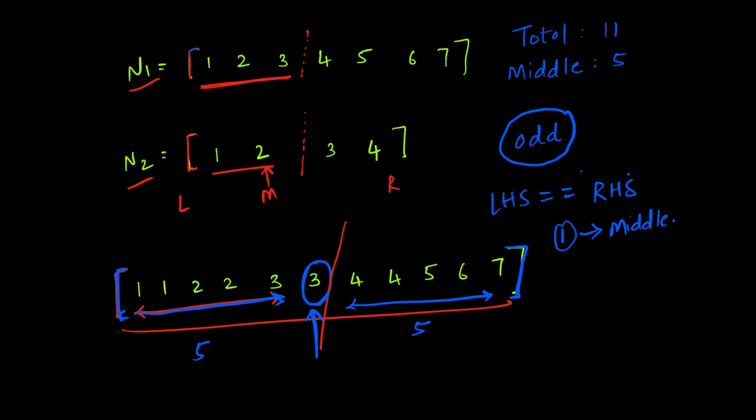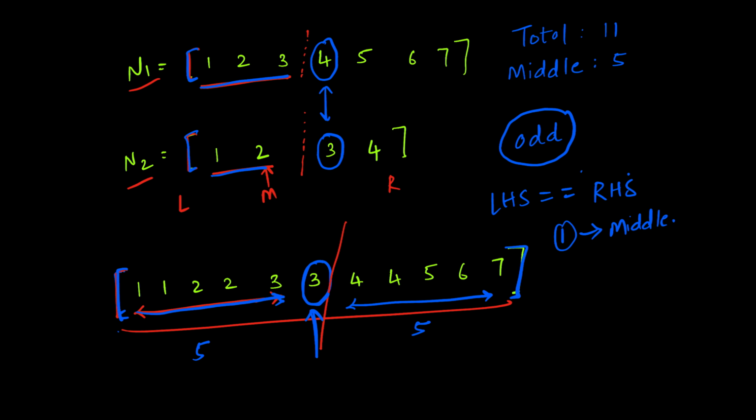Similarly, now that we have 5 numbers between n1 and n2, the median should be the number right after the partition that we drew in n1 and n2. We can't say for sure if it will be in n1 or n2 unless we compare the next values. So the median will be calculated by applying the min operation on the next elements after the partition, which are 4 and 3.